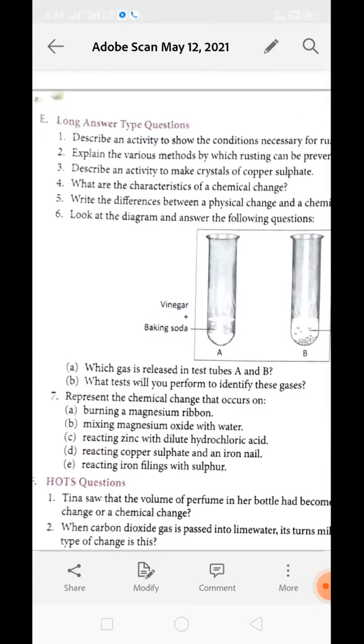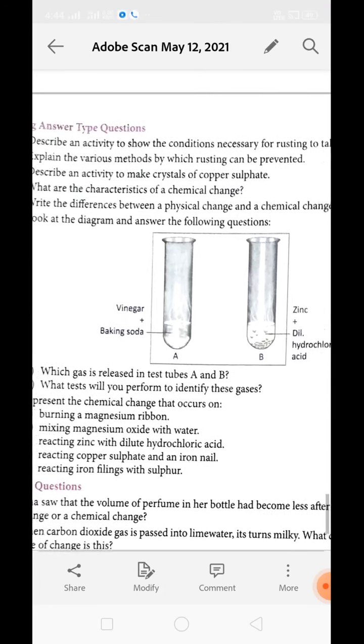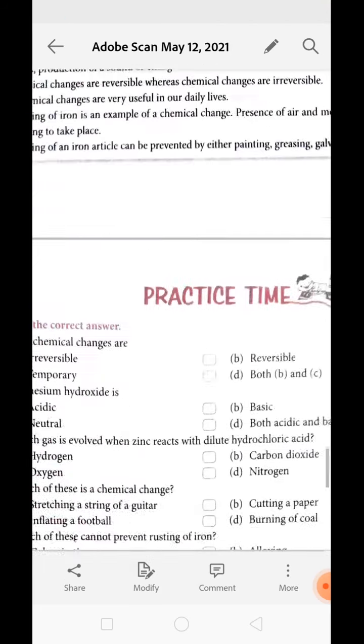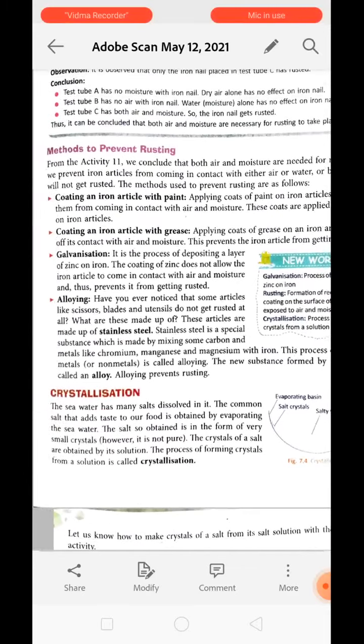Now next, explain the various methods by which rusting can be prevented. Okay, various methods through which rusting can be prevented are given over here. You will write about all these methods 1, 2, 3, 4. Coating of iron article with paint will be written in full. Coating of iron with grease will be written in full as well.